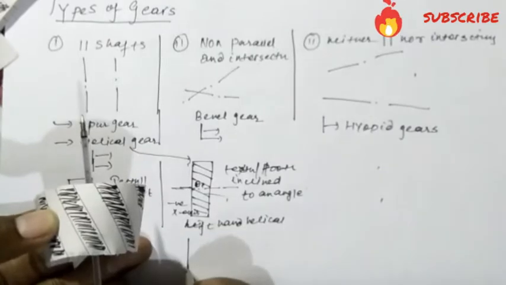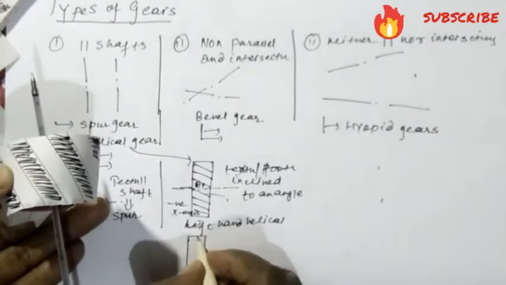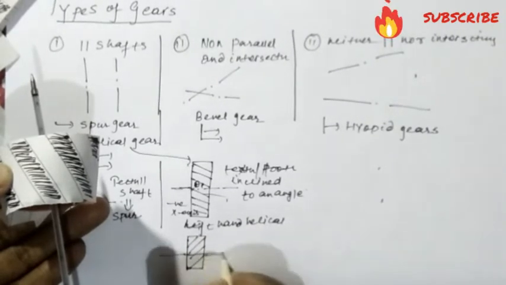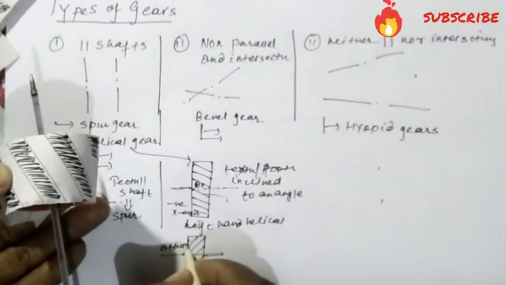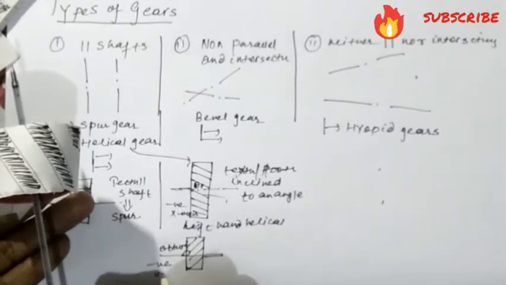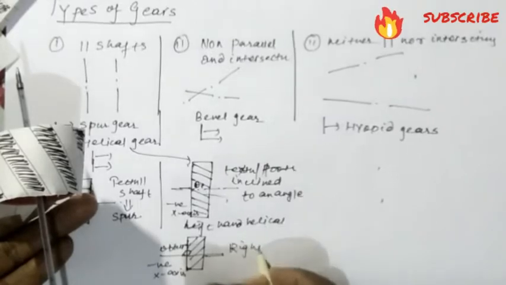And if it is such that it makes an angle like this, so when it is making an obtuse angle with the negative x-axis, we will call it right-handed.